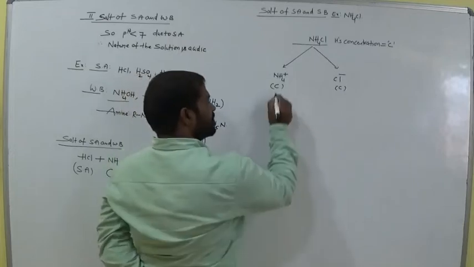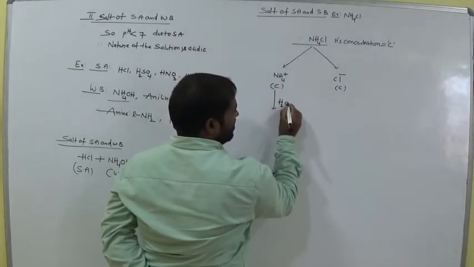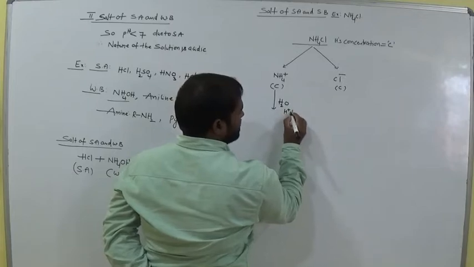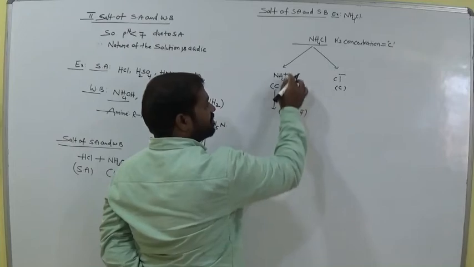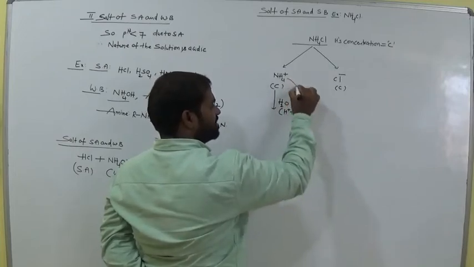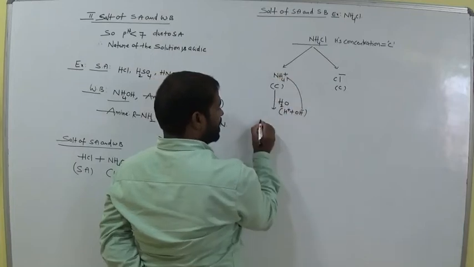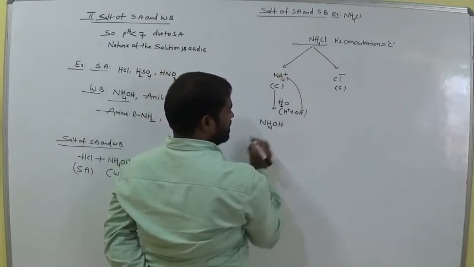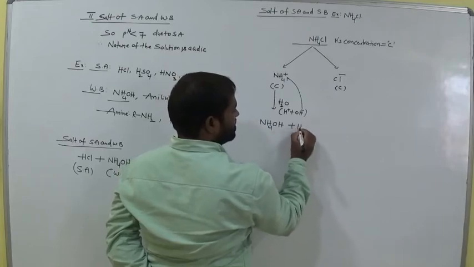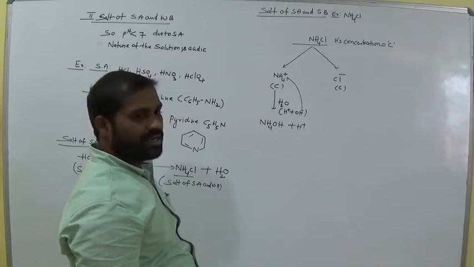Okay. Now this undergoes hydrolysis, that means addition of water, that is H plus and OH minus. This is the plus and this is the minus. Now what is the expected compound here? Ammonium hydroxide and H plus. Clear, all of you?